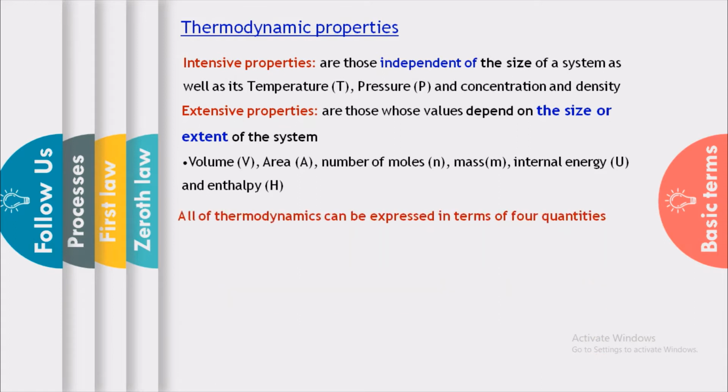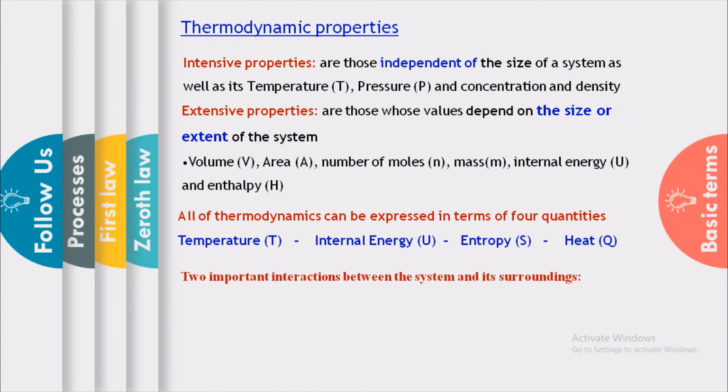All of thermodynamics can be expressed in terms of four quantities only: temperature T, internal energy U, entropy S, and heat Q. Please note that there are two important interactions between system and its surroundings.